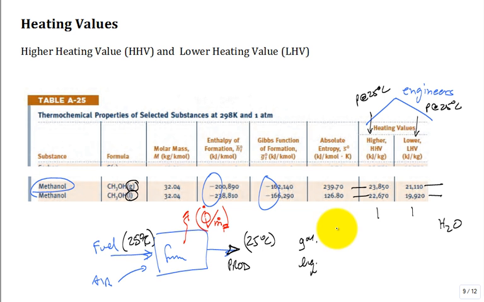Let's ask a clicker question. Answer A or answer B? The water goes out either as vapor for the higher heating value and liquid for the lower heating value, or switch them: liquid for the higher heating value and vapor for the lower heating value. The difference between the higher and the lower heating value has to do with how the water leaves as one of the products.